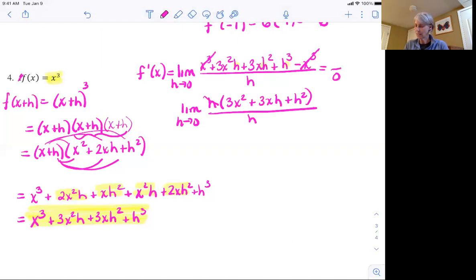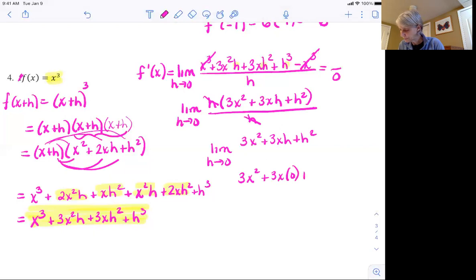My h's cancel. My limit as h approaches 0 of 3x squared plus 3xh plus h squared. If I plug 0 in for h and I evaluate, this term is going to go to 0, that term is going to go to 0, and my derivative function is 3x squared.